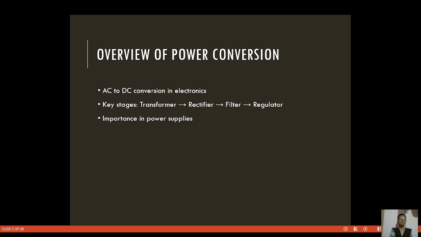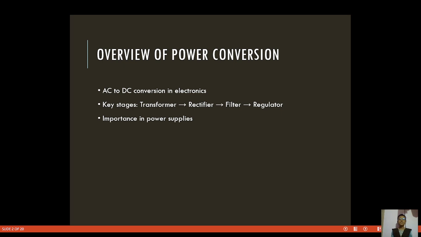Most of the electronic devices which we use in day-to-day life, that is mobile phones, laptops, etc., all need DC current, whereas the supply which we get from the power station is AC. So there is a need for conversion from AC to DC in electronics. This is not a single process; it involves many stages: transformer, rectifier, filter, and regulator.